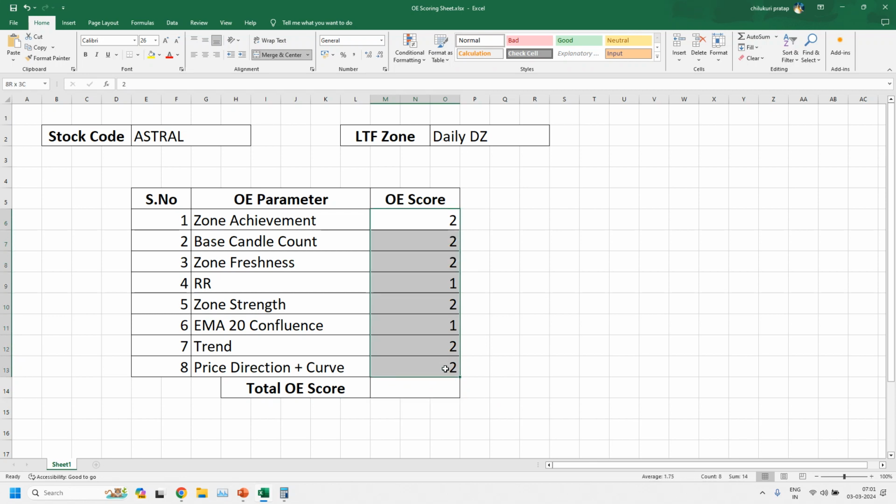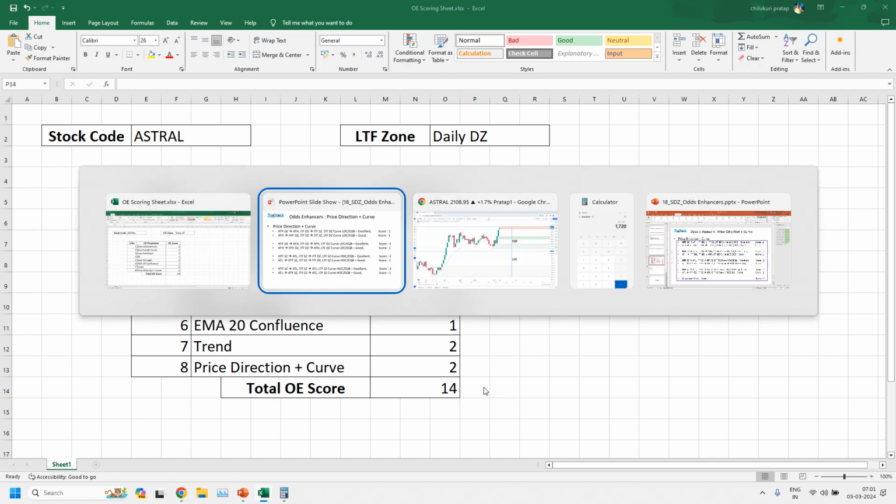And that way our total score is 14 out of 15. So anything 12 or above in a trending market, we can accept a trade. And here it is an uptrend market, so we will plan for a long trade on this particular demand zone.